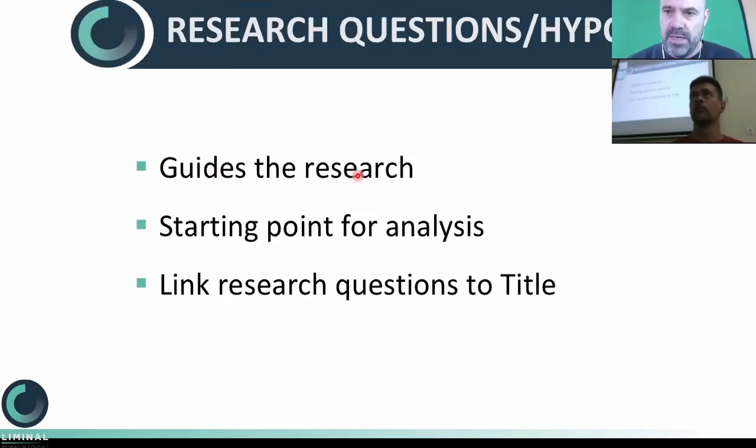Then your research questions and hypotheses must be linked to the title directly. Sometimes students forget about that. Your title is actually what it's all about. So you must have a link between the research questions and the title. You must actually explore it with the research questions and hypotheses. You're all fine with that?